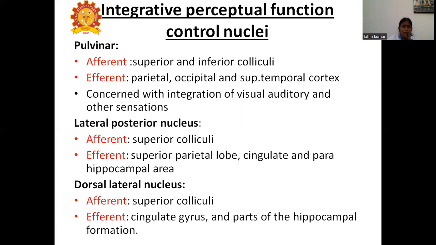Next one is the dorsal lateral nucleus. The afferent fibers to the dorsal lateral nucleus are mainly from the superior colliculi and the efferent fibers go to the cingulate gyrus and part of the hippocampal formation.